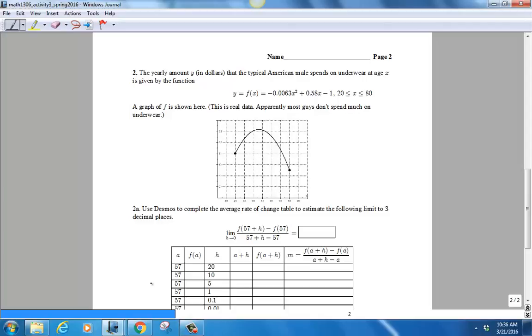Now we can see that on the graph because notice right here at the peak of the graph, if you draw a tangent line right there, it's going to come out, well, I didn't draw it very well, but there it is, okay? Right there at the peak, it's going to come out to be horizontal, okay?